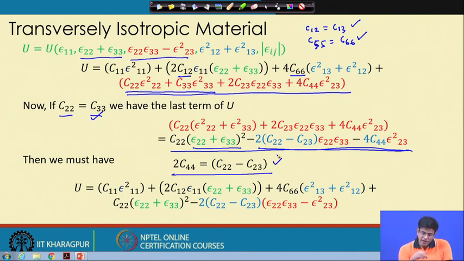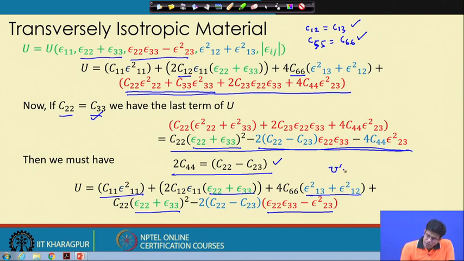Now, finally, with these things, if I write the strain energy function, it looks like this. This is epsilon 1 squared, epsilon 2 and epsilon 3, and epsilon 1 times epsilon 2 plus epsilon 3, and this last invariant quantity. Now, if I write the strain energy in the transformed coordinate system, U prime will be U. Why?